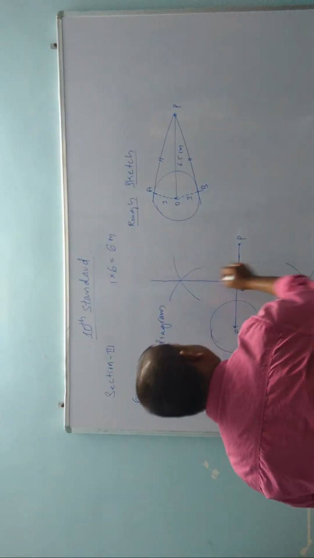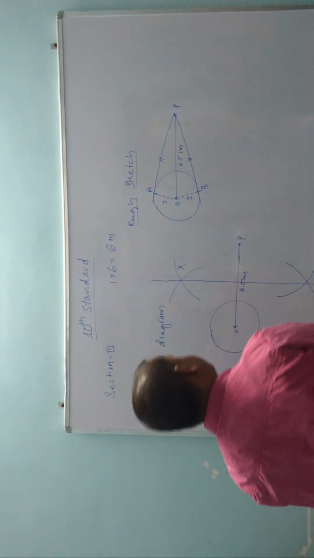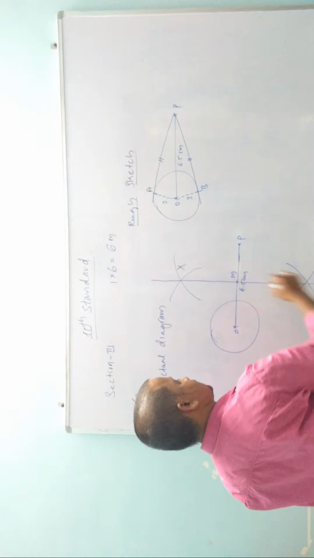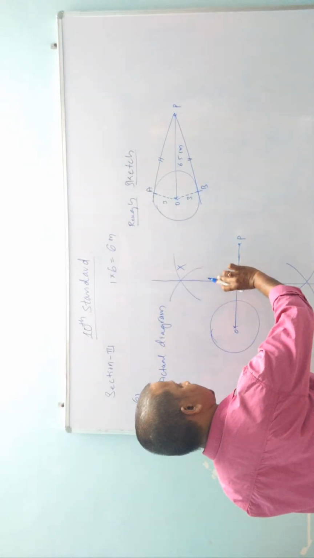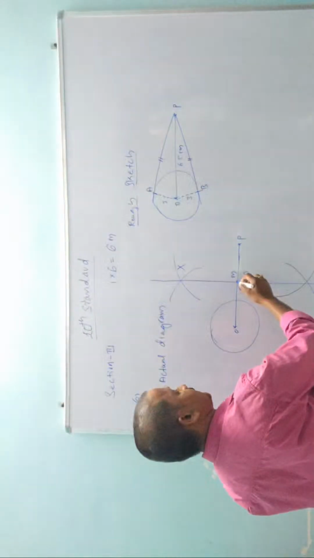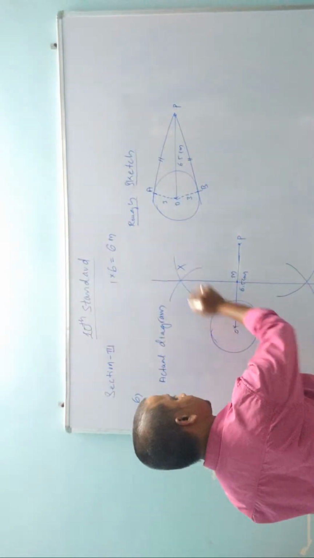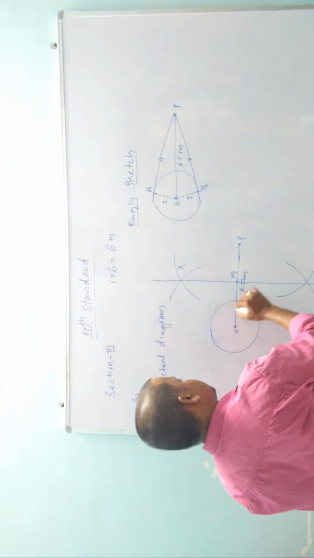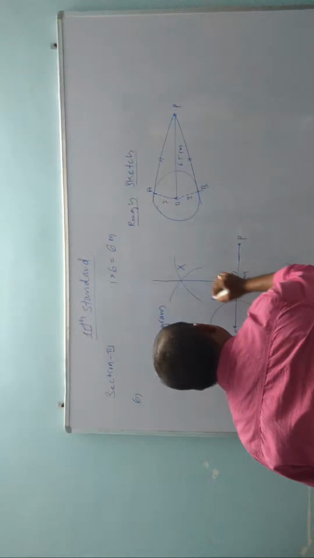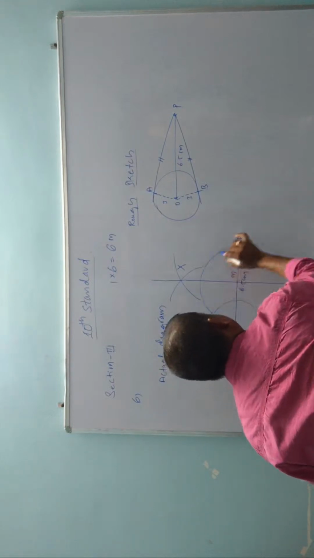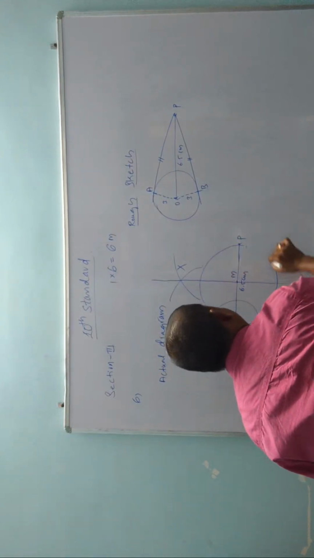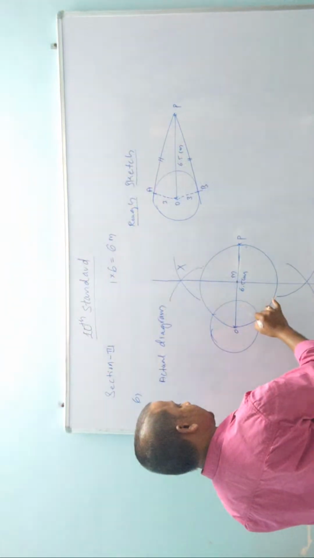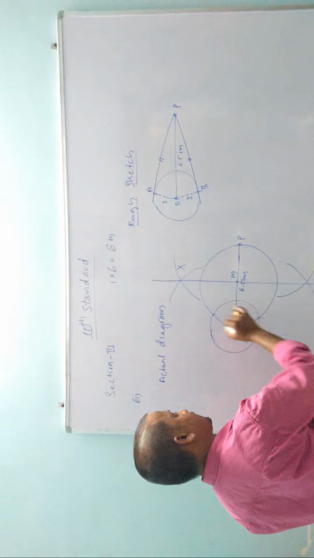Consider it as XY. It will intersect OP at M. Now M is the center. With M as center, we construct one circle, with radius OM equal to MP. The new circle will intersect the previous circle at two distinct points.